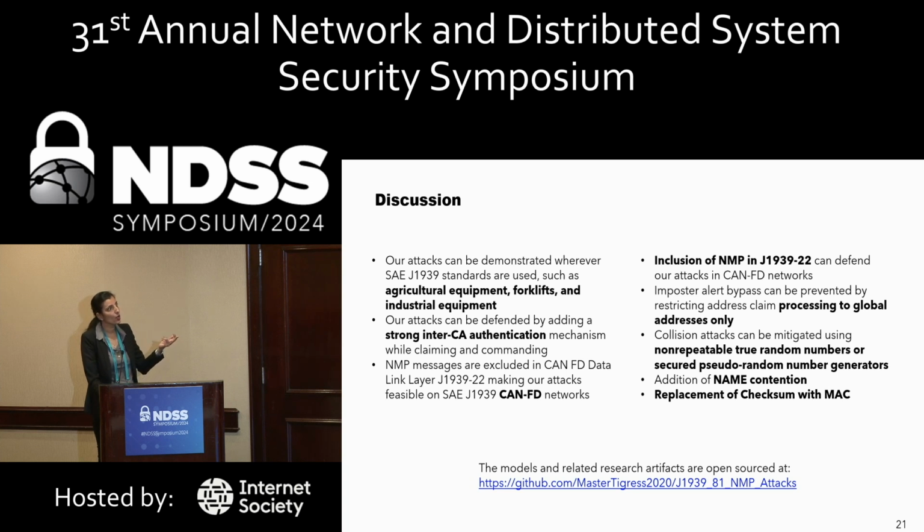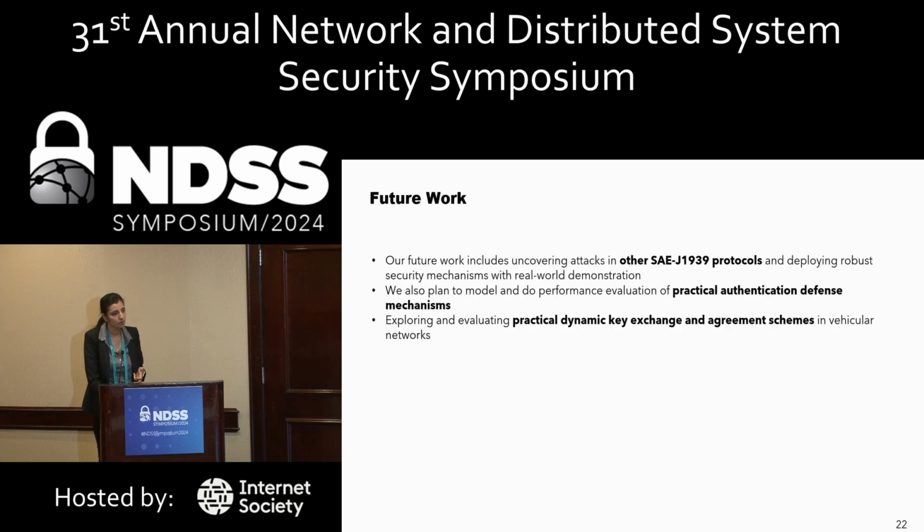Our attacks are also possible on CAN-FD networks because name management protocol messages are excluded in J1939-22. So including the NMP messages in 22 can defend our attacks in CAN-FD networks, and also addition of name contention in the name management protocol, and replacement of checksum with MAC would put in stronger mitigation mechanisms.